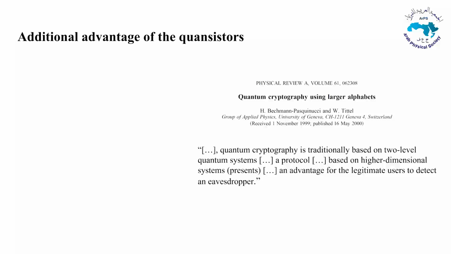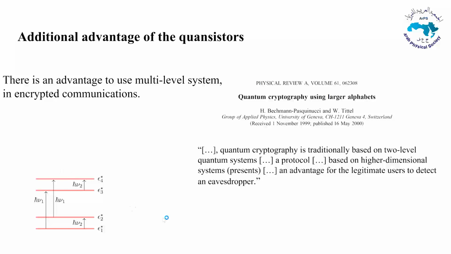That means a higher level of quantum system gives more security for quantum cryptography. The transistor obviously has a multi-level system and can maybe be used for quantum cryptography.